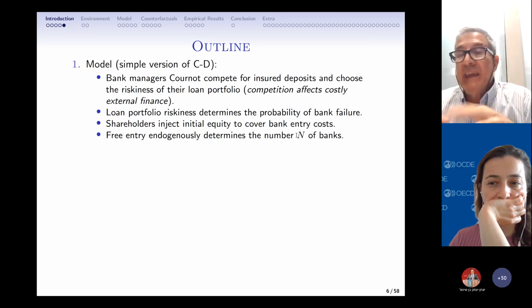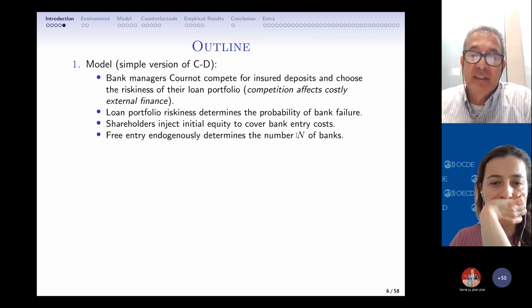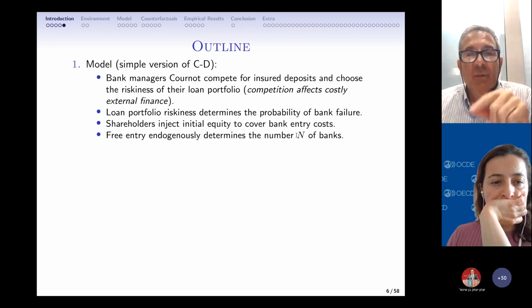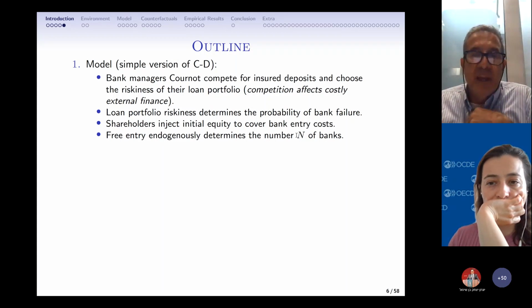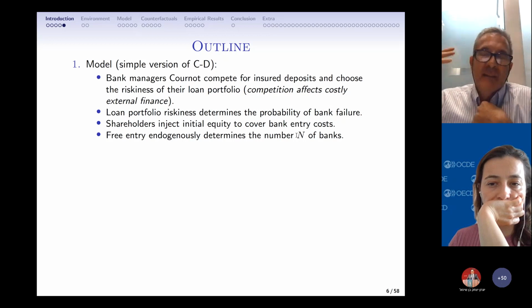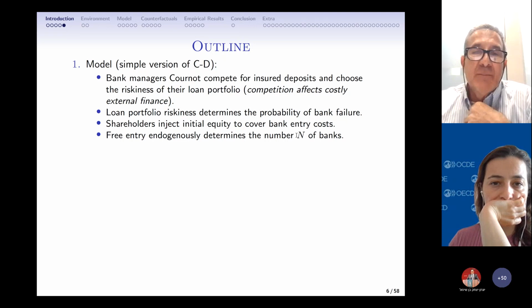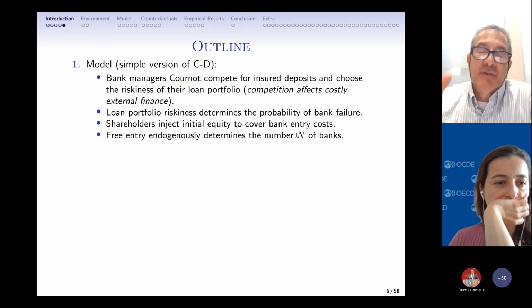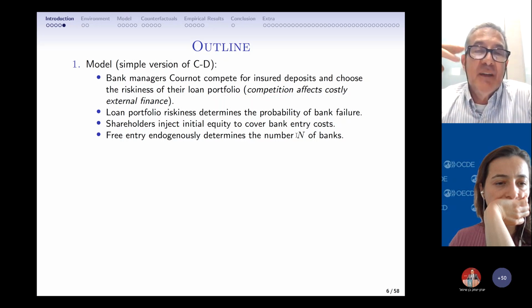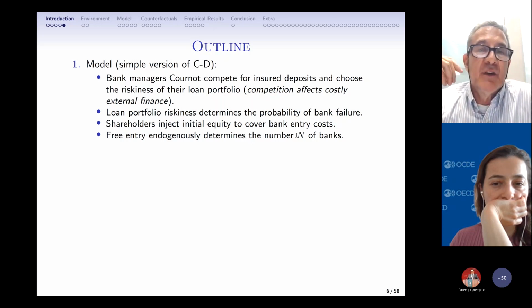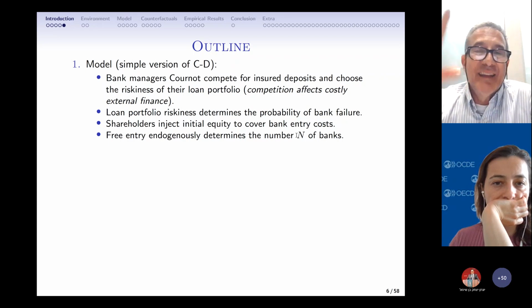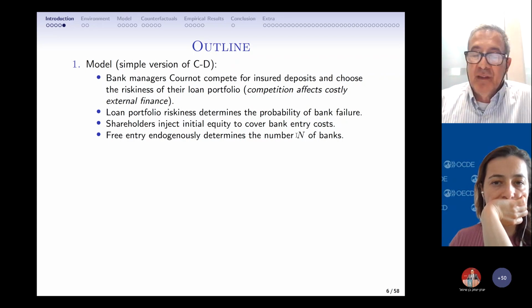In that paper, we have banks of different sizes, et cetera. So it's not a simple paper. The goal for me here is to bring out a lot of the ideas from that paper in a really simplistic framework. This paper is going to amount to 3 equations and 3 unknowns. So I think we can all solve that kind of simple problem.